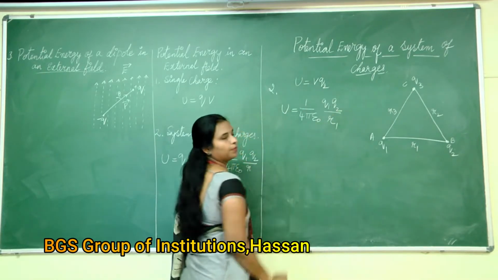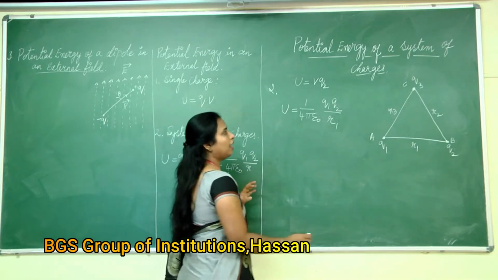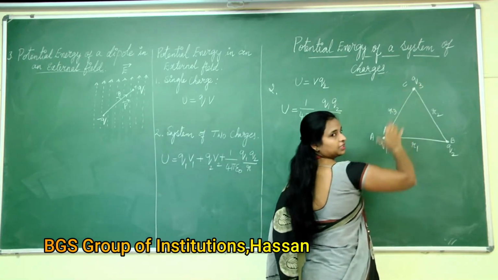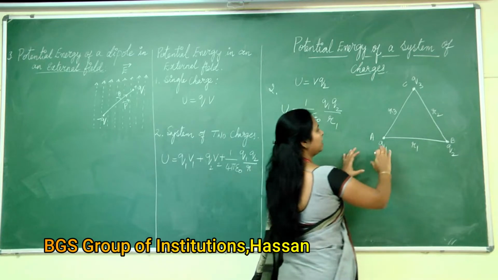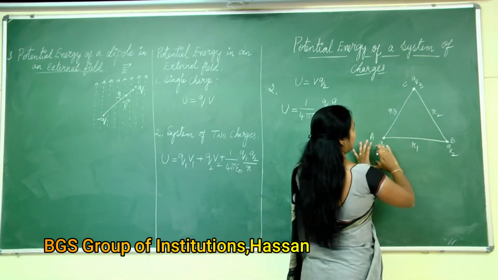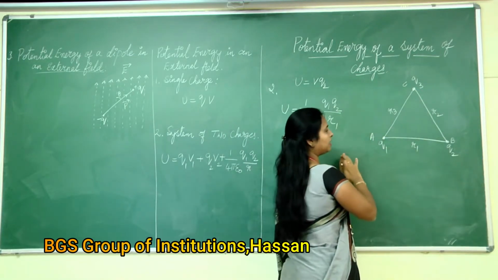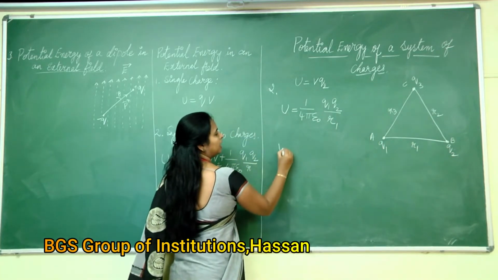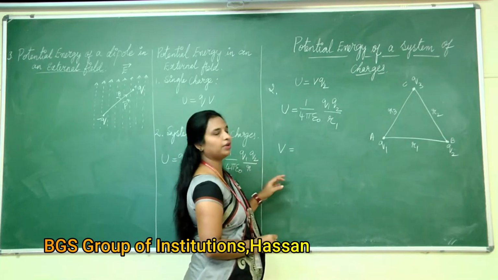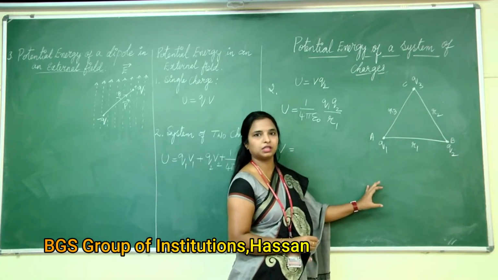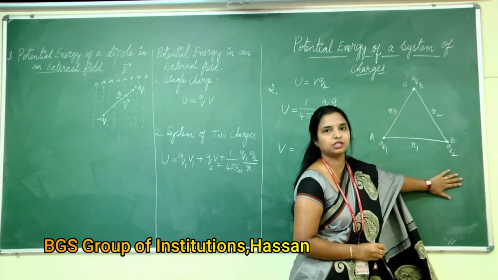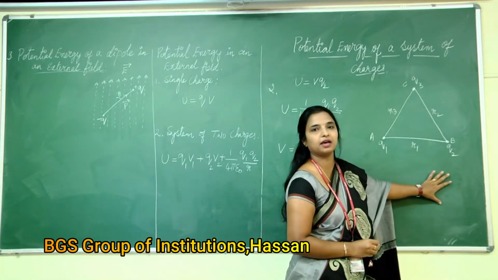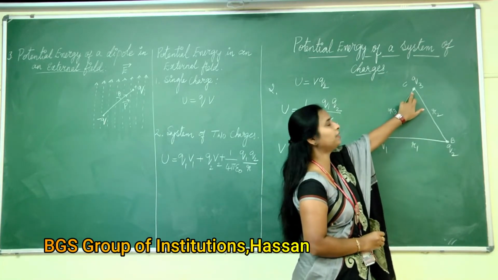Now, in order to bring a third charge, that is Q3, from infinity to this point against the electric field or electric potential due to Q1 and Q2, V is equal to, here we will use the superposition theorem for the system of 2 charges, that is Q1 and Q2 together acting at this point Q3.